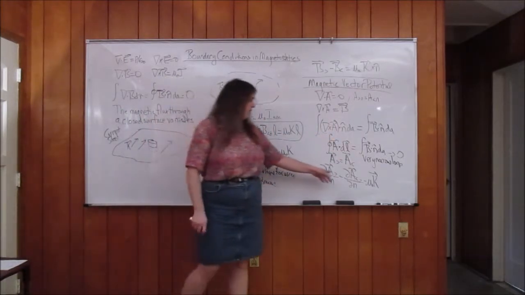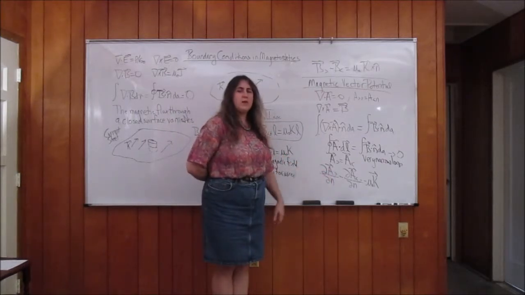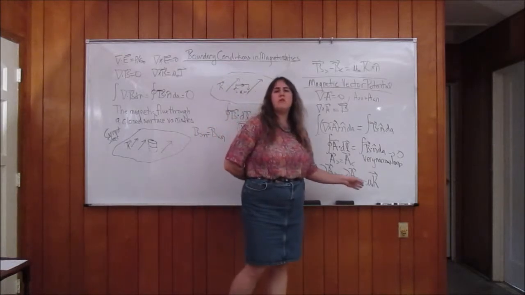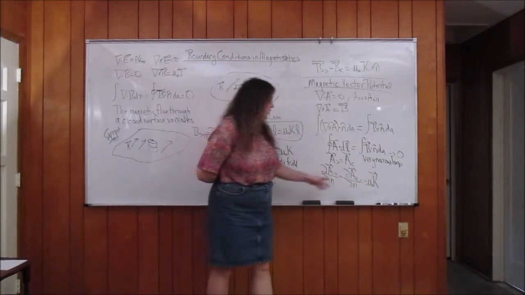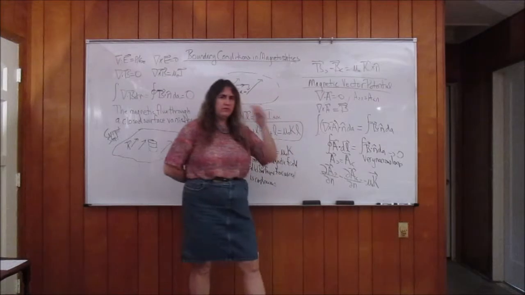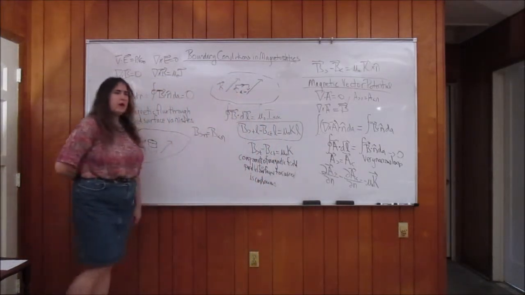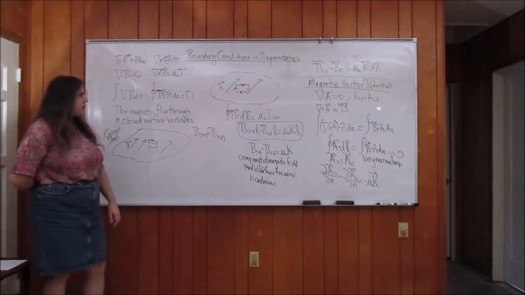So we wind up with the partial derivative of the magnetic vector potential above minus the partial derivative of the magnetic vector potential below is proportional to minus the surface current density. Okay? And those are your boundary conditions.